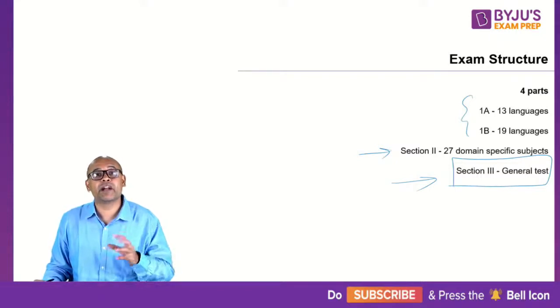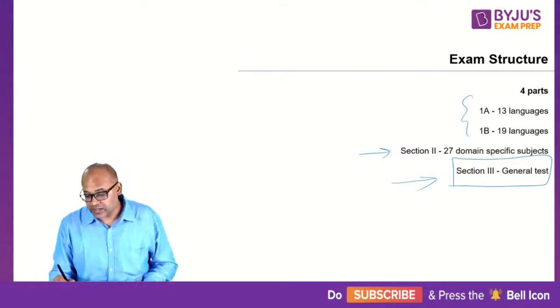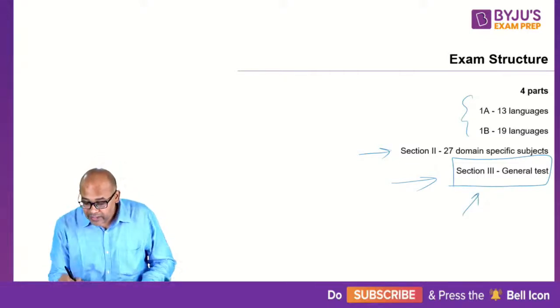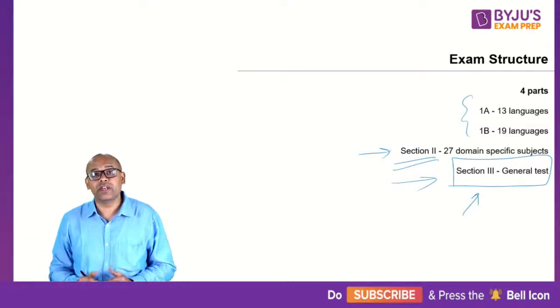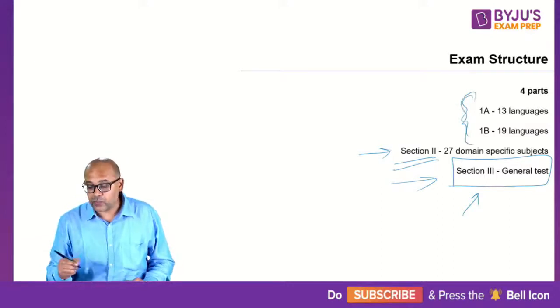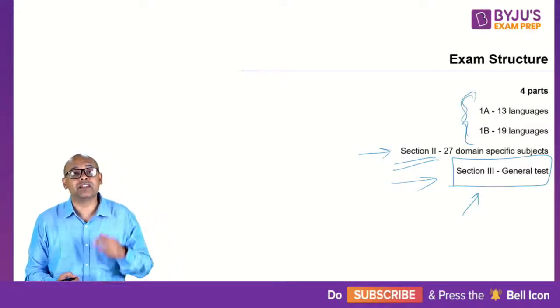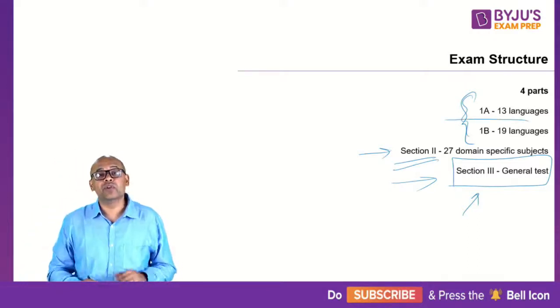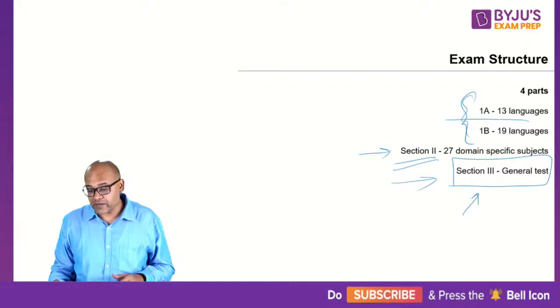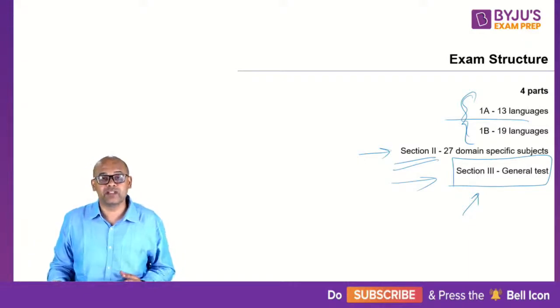There are 5 parts to it. Whereas your section 2 is domain specific. That is what we are going to discuss today. Your entire section 1 has 2 parts, section 1A and section 1B. These are languages. Section 1A has 13 languages and section 1B has 19 languages.